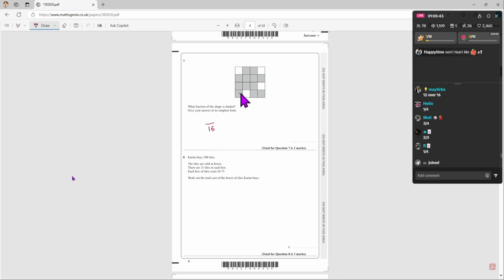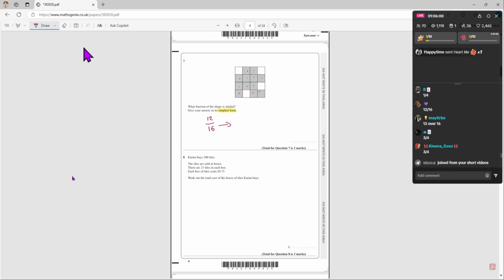There is 1, 2, 3, 4, 5, 6, 7, 8, 9, 10, 11, 12 shaded squares. It's going to be 12 over 16. And then it says to write in its simplest form. In the chat, tell me what's the simplest form of 12 over 16. Yes, it's going to be 3 over 4. So well done for getting 3/4. 3/4 is going to be the final answer. Well done for getting that correct.